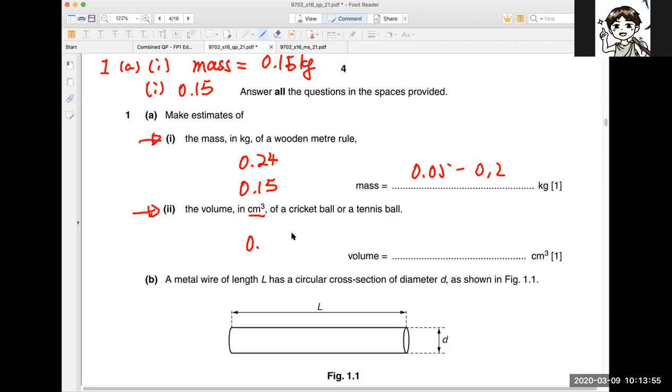So, can you guess the volume of the cricket ball or a tennis ball? 150 cm cubed. So how can we do this kind of question? You have your ruler, and first of all, you can guess the radius of a cricket ball or tennis ball.